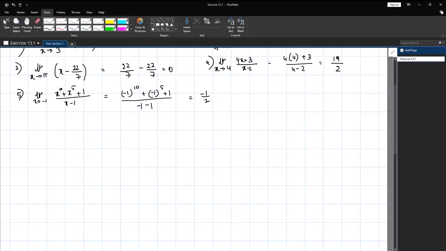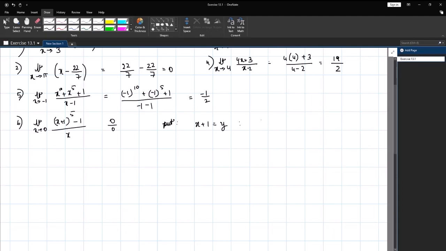Question number 6, limit x tends to 0 of x plus 1 whole to the power 5 minus 1 divided by x. So if we directly substitute the value for x, we'll get 0 by 0. So we'll substitute x plus 1 is equal to y.